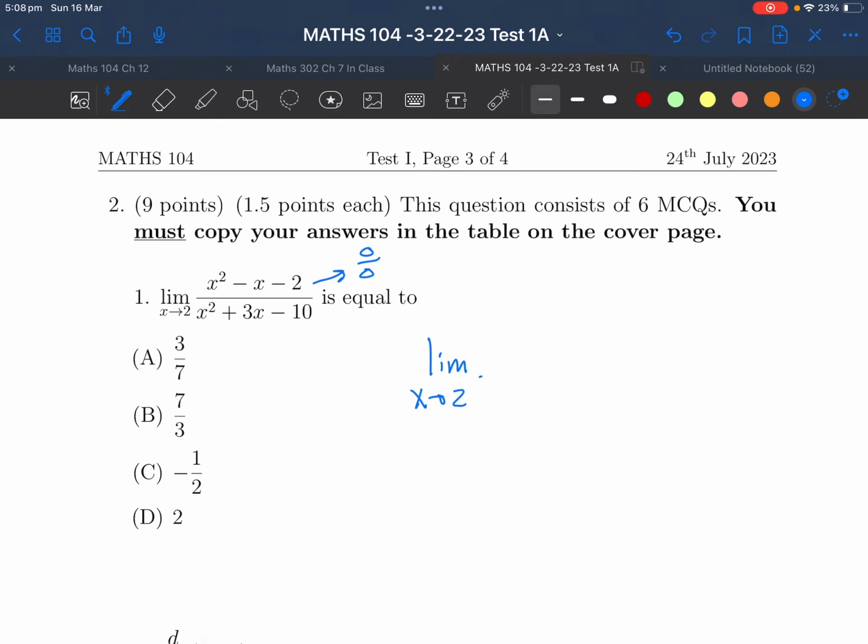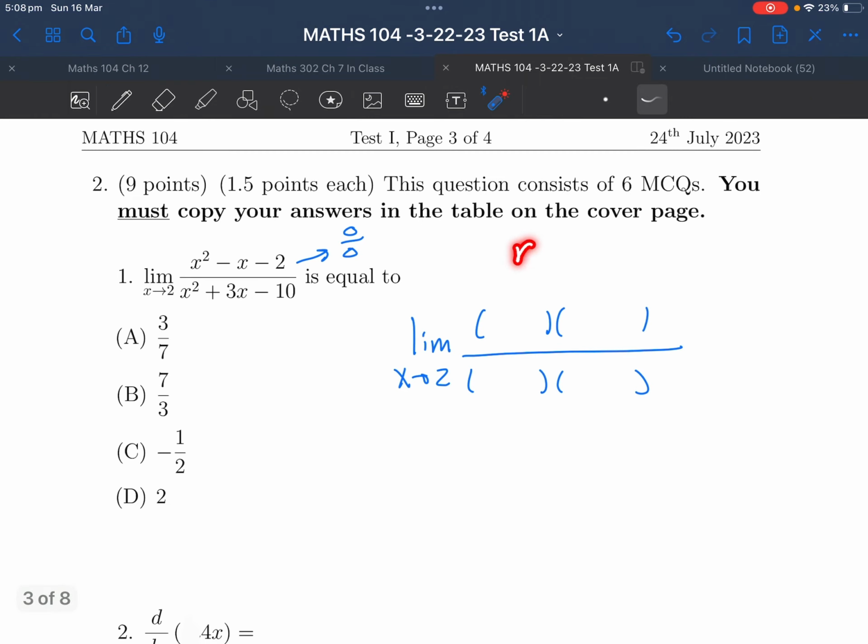So the idea is we need to factor the numerator and factor the denominator. How do we factor the numerator? We use mode 5, 3 in your calculator, the quadratic formula. You will be asked for 3 numbers, a, b, and c.